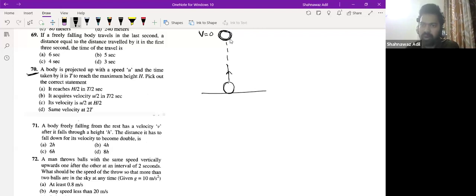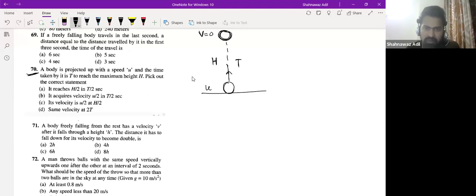And they have given the initial velocity u, time is t, and height is h.